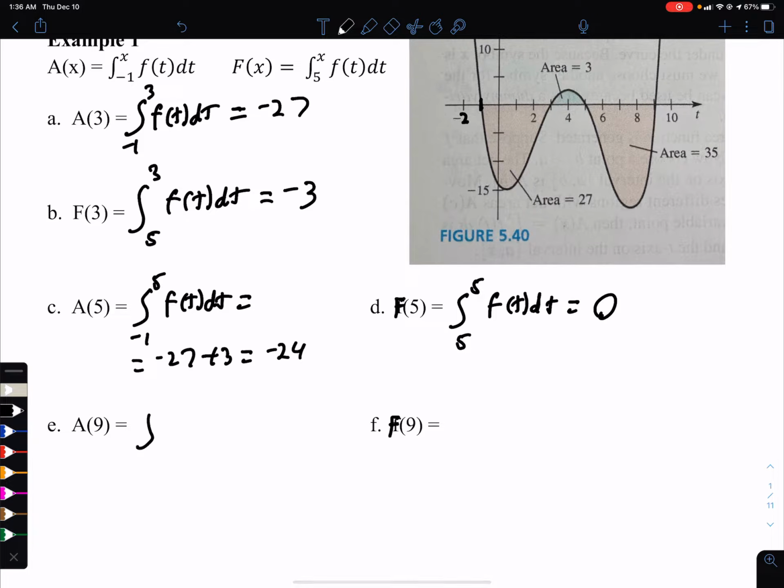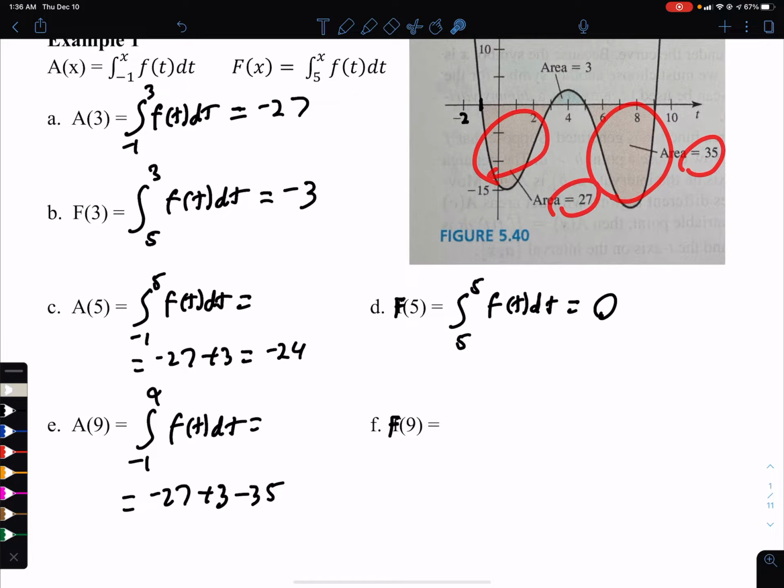All right, this next one, you're starting at -1, ending at 9 of our function. And so we want the area from here all the way to 9. So it's going to be -27 plus 3 minus 35. Because this is below, so it's minus.